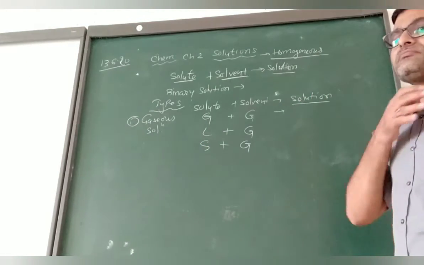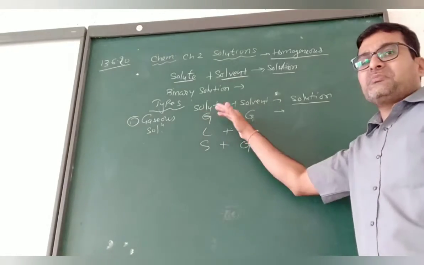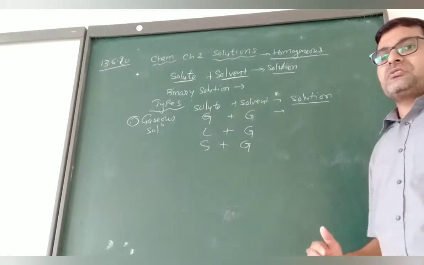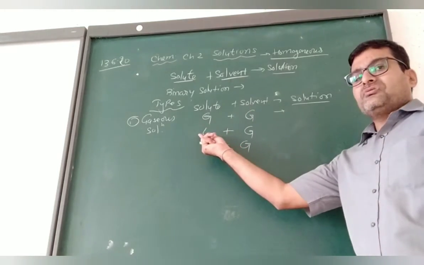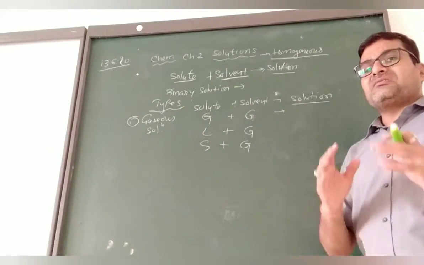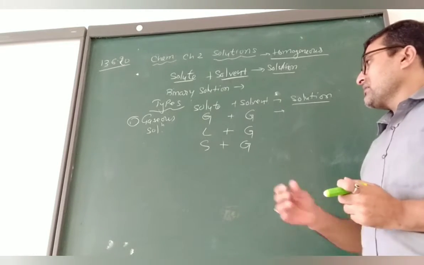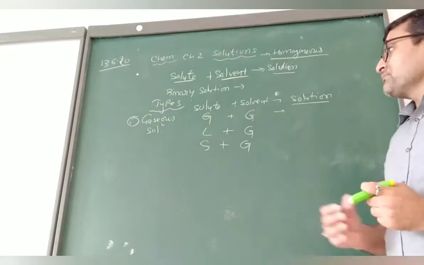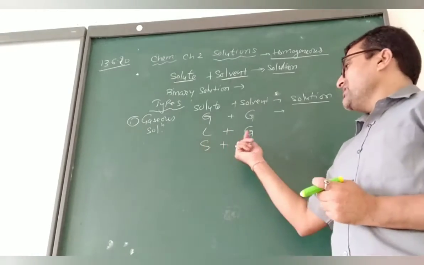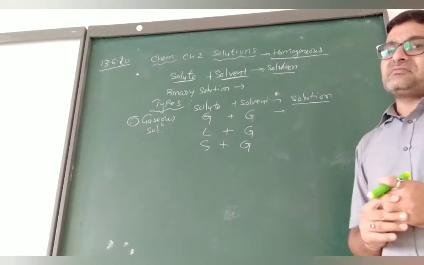Take an example. Suppose oxygen is mixed with hydrogen or nitrogen, so it's a gaseous solution. Suppose water droplets are suspended in the air, that is a gaseous solution, liquid in gas. The third is when a solid is suspended in the gas.